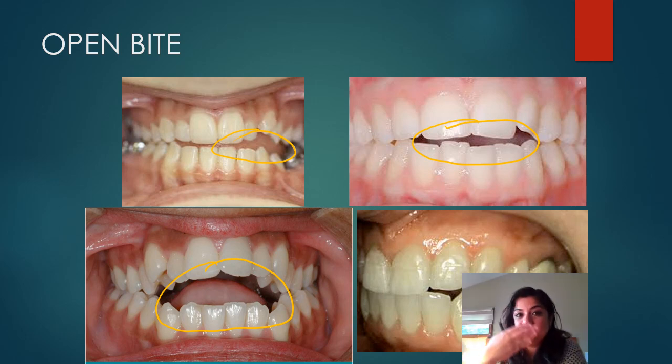If you take a cephalometric x-ray of their skull, you'll see the upper jaw is open this way and the lower jaw is open this way. So this is a surgical problem that cannot be corrected that easily. Now this picture right here also shows a patient sticking their tongue in that hole, and that's what is causing the open bite.